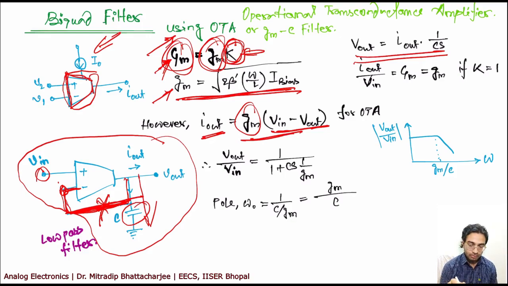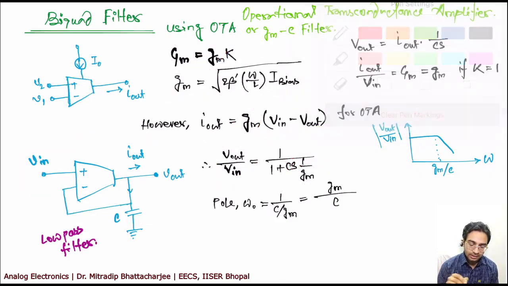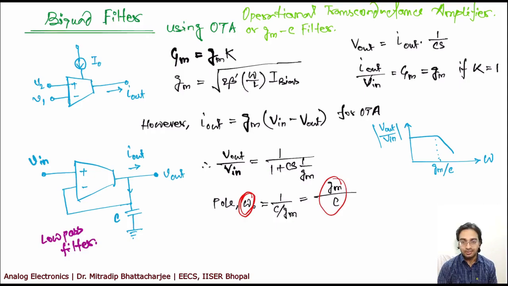From there you will get V out by V in equal to 1 divided by 1 plus Cs into 1 by GM. Simple calculations; if you do it by yourself you will find this result. So you will get a pole omega 0 equal to GM by C.